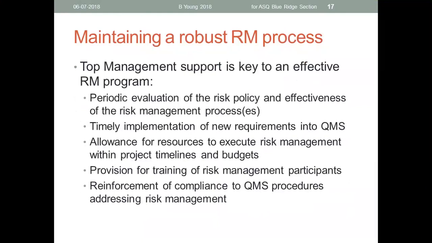You want to have a view of the effectiveness of your risk management process reevaluated periodically to make sure it's doing what the business needs to have done, that it is effective, it's efficient, that you have a clear risk policy that reflects the business threshold for risk.